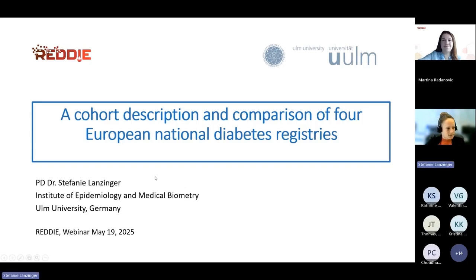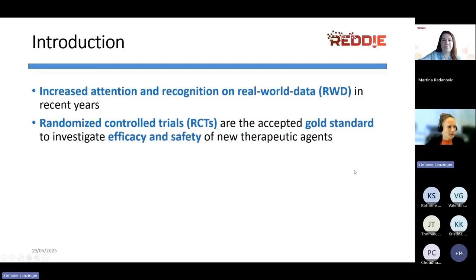So I would like to add a bit on the points that were already raised by Jonah on the comparison between real-world data and randomized controlled trials, the strengths and limitations of both. In recent years, there is an increased attention and recognition of real-world data and an interest in using real-world data for studies. But of course, randomized controlled trials are the accepted gold standard to investigate efficacy and safety of new therapeutic agents.